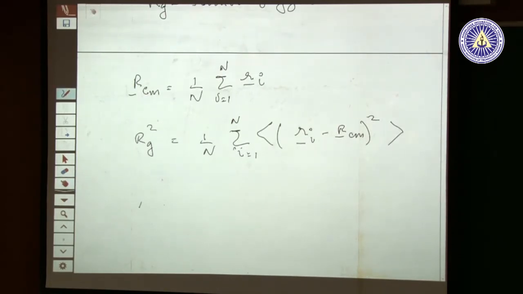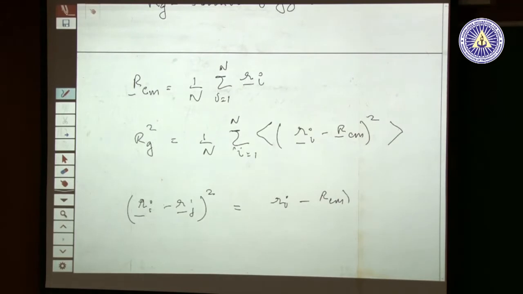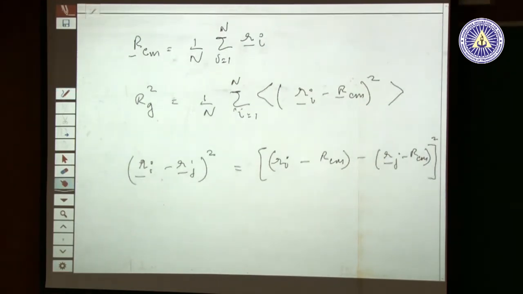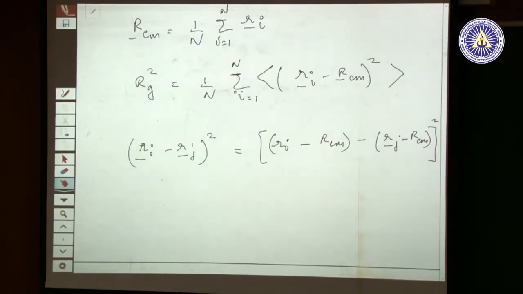So, I want you to consider this term. If I wrote Ri minus Rj the whole squared, okay, I could write this as Ri minus Rcm minus Rj minus Rcm the whole square, right. So, I haven't done anything, I have just added and subtracted the center of mass. Okay.